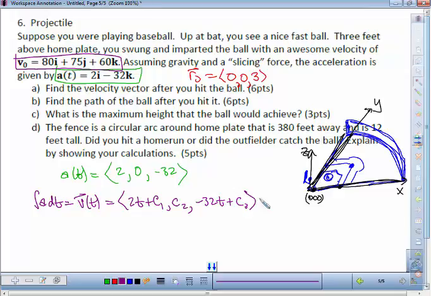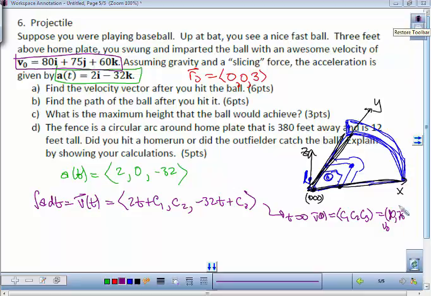So we have constants that we need to figure out, but if you put 0 in for t, you're just going to have c1, c2, c3, so that's exactly going to be whatever the initial velocity is, right? So when t is equal to 0, v of 0 equals c1, c2, c3, and this is supposed to be equal to v naught, which is 80, 75, and 60.